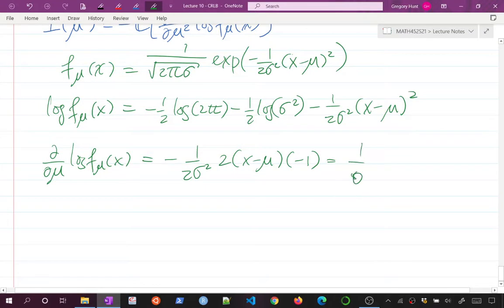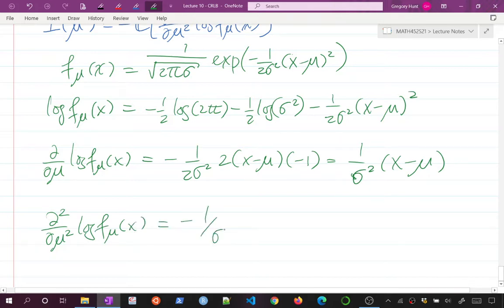So we get 1 over sigma squared times x minus mu. And so the second derivative is we just get a negative 1 over sigma squared, right? Cool.